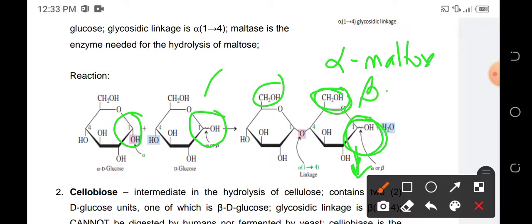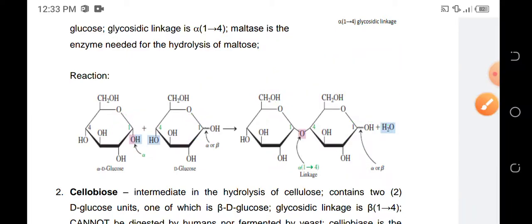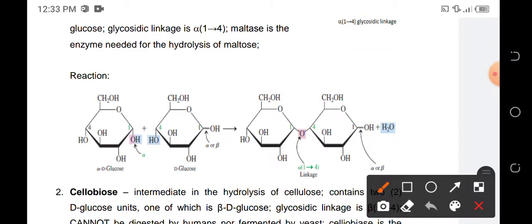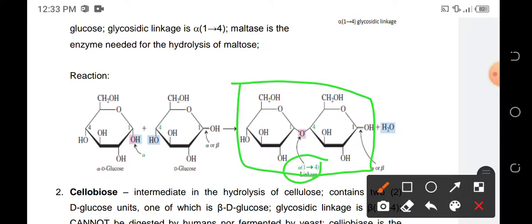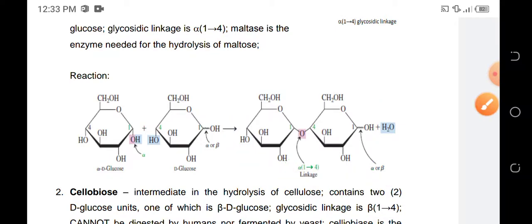And beta maltose could exist if the hydroxyl in this anomeric carbon atom is oriented above, so that both of the terminal CH2OH and the hydroxyl are oriented on the same direction. Okay. Nevertheless, this is the maltose. It has an alpha 1 to 4 glycosidic linkage.